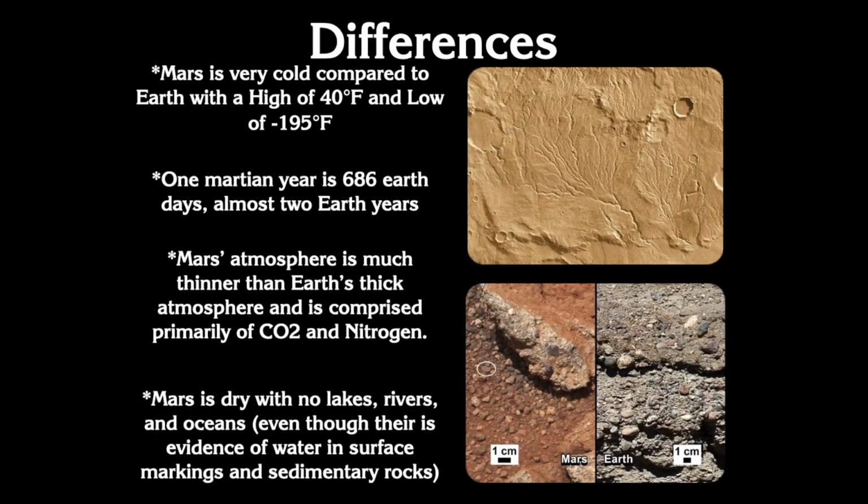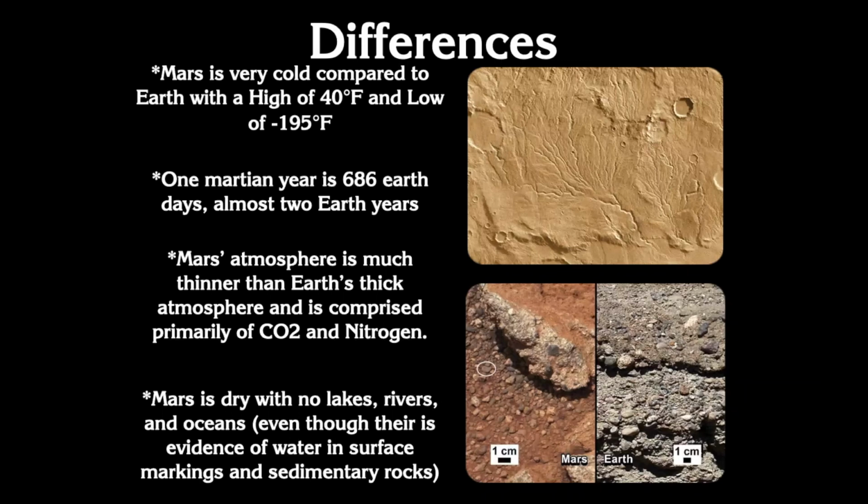Now, Mars is very cold compared to Earth. Earth is at the right distance from the sun for life. Remember, Venus and Mercury are too close for life. Mars is too far away, so it will be too cold. And we were talking about how the Martian day is close to the Earth's, but the Martian year, the orbit around the sun, is slower.